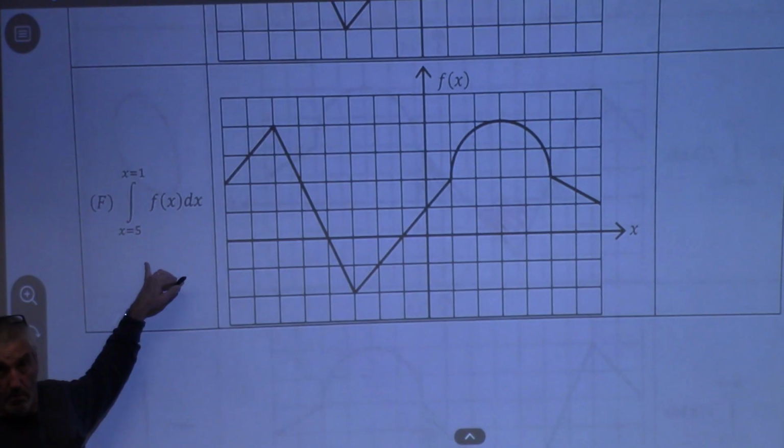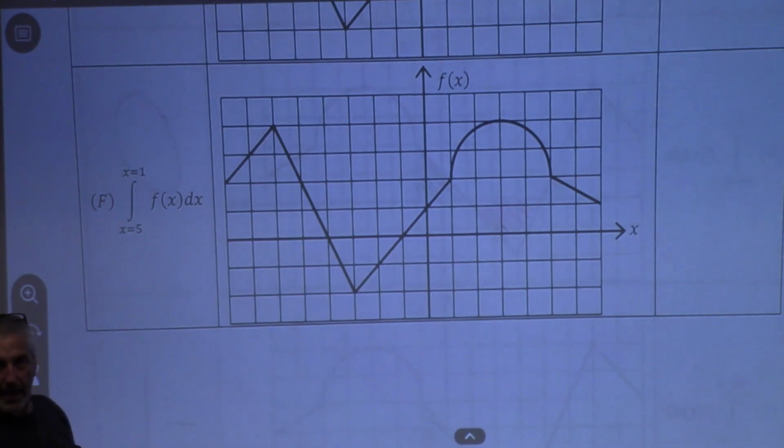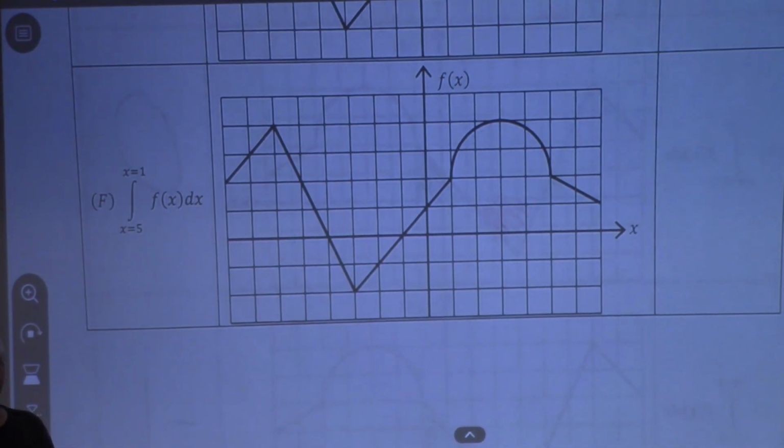Well, I'll tell you what it's not. It's not the interval 5, comma 1, because that's not a legal interval. You can't have an interval where the left endpoint is greater than the right endpoint. The interval from 5 to 1 is not a valid interval.